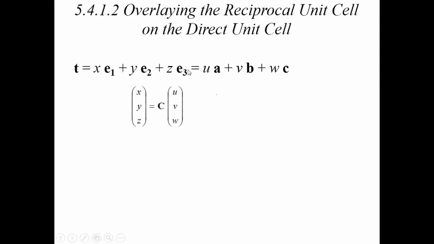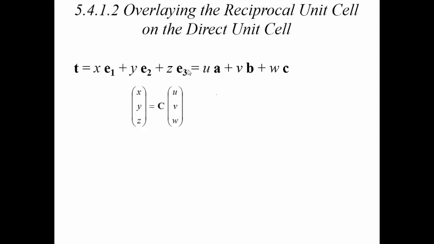Now we want to represent the relationship of the reciprocal unit cell, which is in X-ray diffraction space, if you will, with the direct unit cell. And we can write this in terms of orthonormal coordinates, and that's mainly because we want to look at the C matrix, which allows us to talk to the computer.